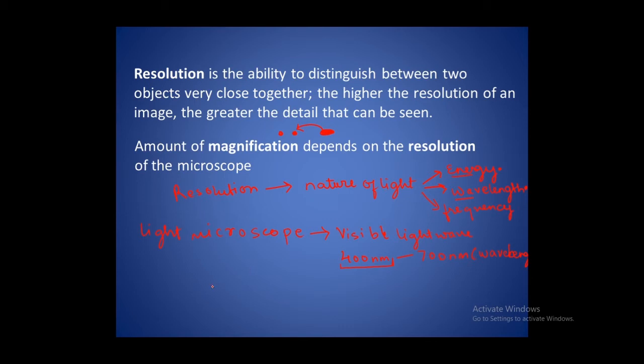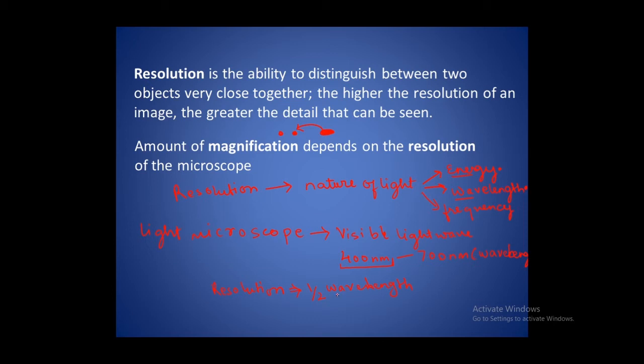So actually resolution is half of the wavelength that we are using to observe the sample. So half of the wavelength used to observe a particular sample in a microscope.